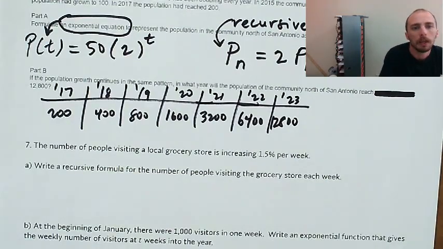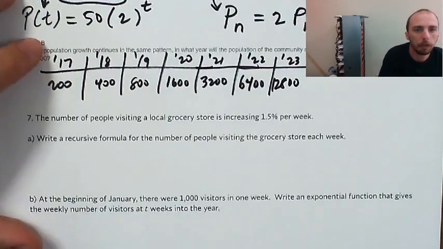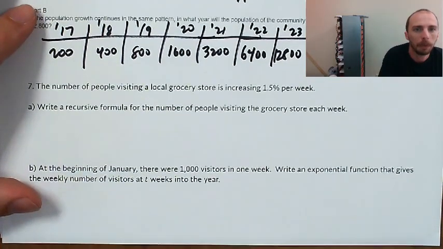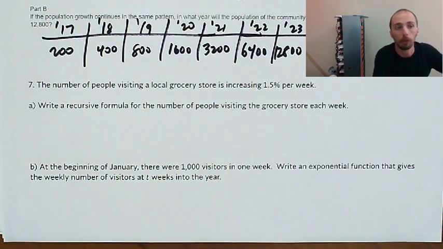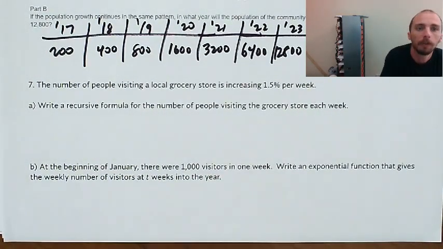Okay, the number of people visiting a local grocery store is increasing at a rate of 1.5% per week. I made this one up because I didn't see any percent growth. Write a recursive formula for the number of people visiting the store each week. So 1.5% growth would be like the number of people getting multiplied by 1 plus 0.015.